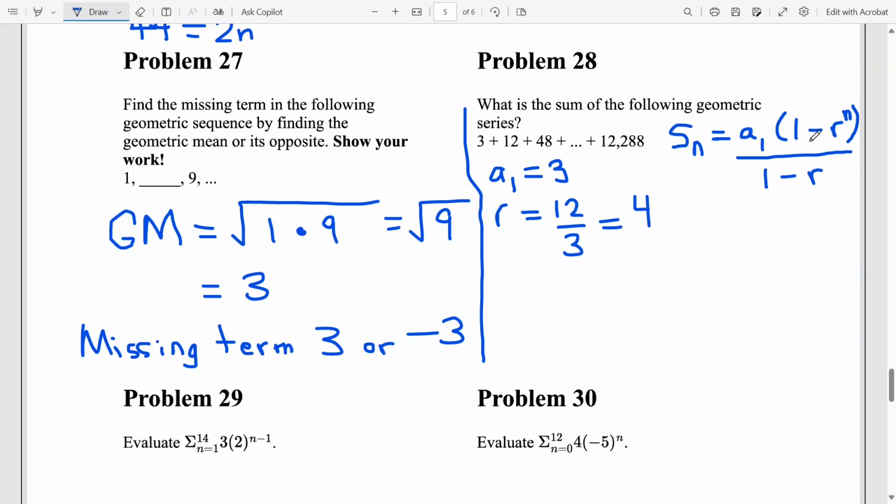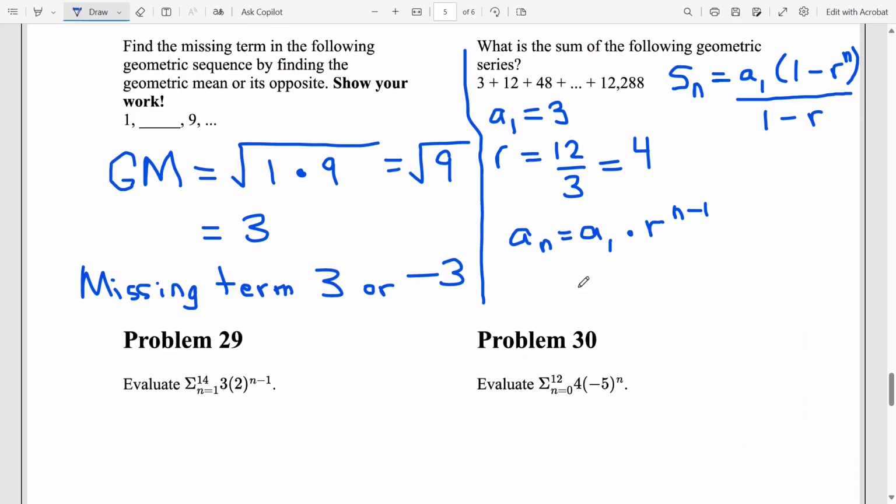So we need to know two of those things, but we need to know the nth term, so we need to do the explicit definition, which is going to be a sub n equals a sub 1 times the common ratio r to the n minus 1 power.